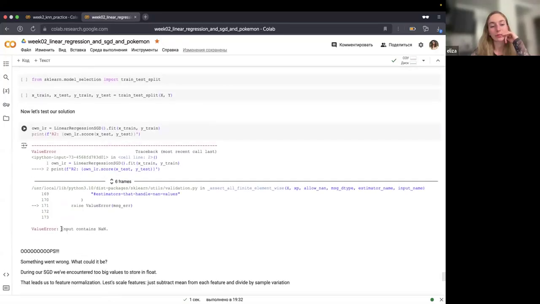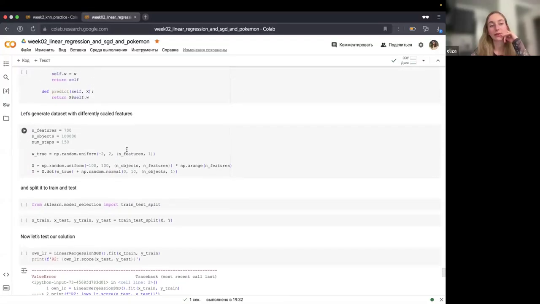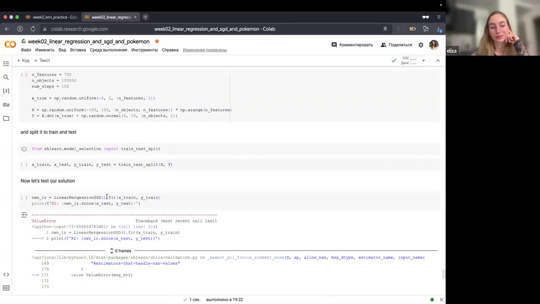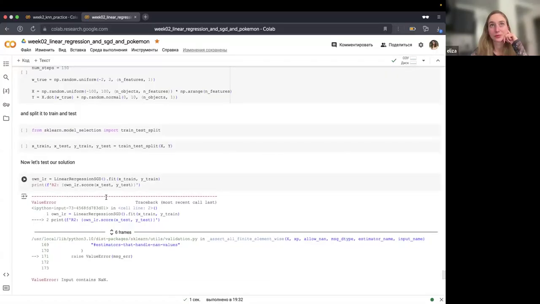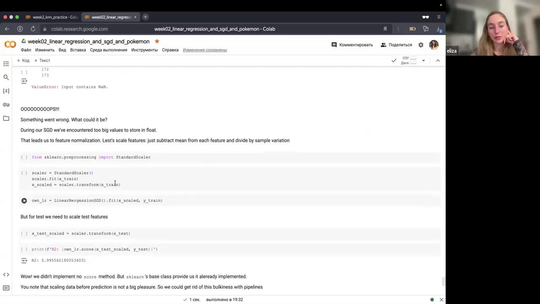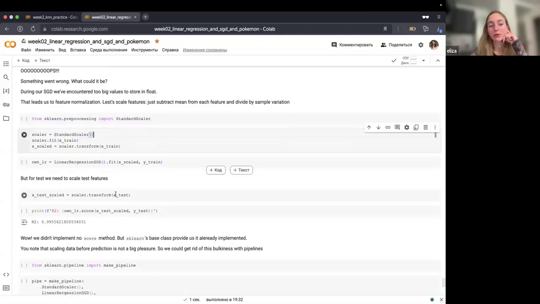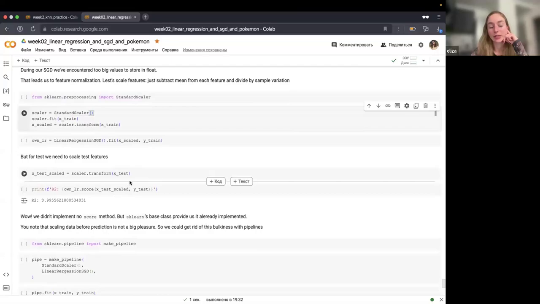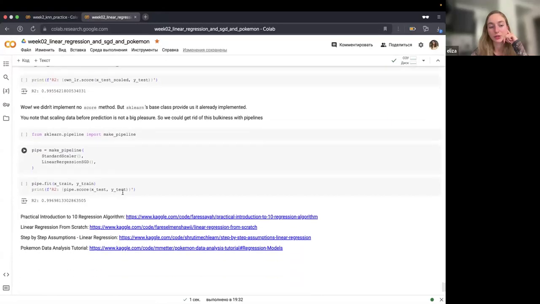You see some mistakes, because our features have really big values, and in the part below you use standard scaler transformation for scaling these features, and fix this mistake for the stochastic gradient method.